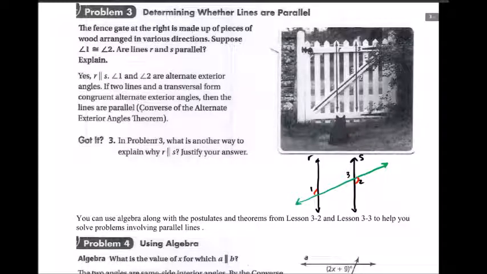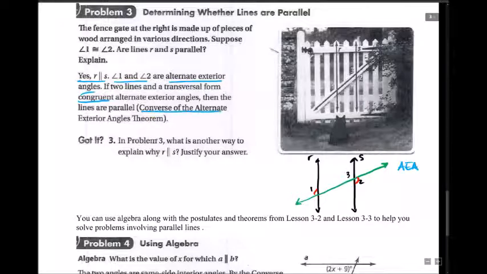So I look at these, and what do I automatically see? I see alternate exterior angles. And I have 2 lines cut by a transversal. My alternate exterior angles are congruent. So yes, my lines are parallel. 1 and 2 are alternate exterior angles, and they are congruent.